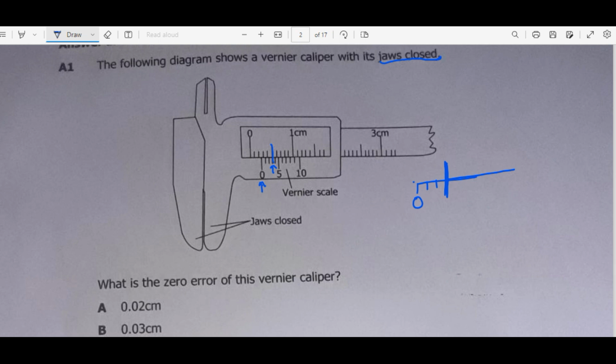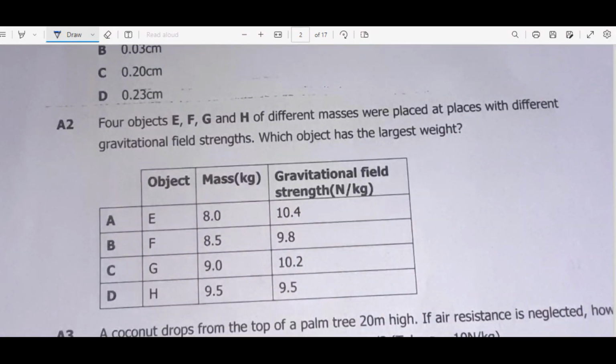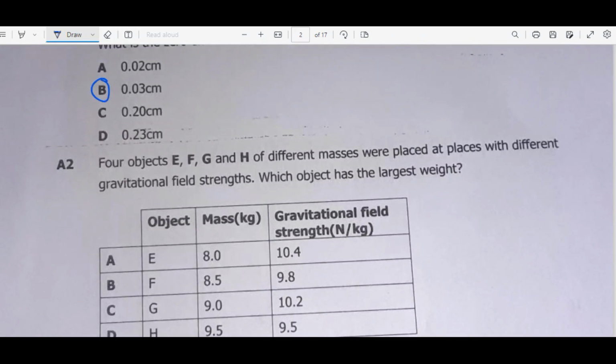So it is on position number 3 because this is 0, 1, 2, 3. Whatever number that line is, you multiply by 0.01 centimeter. This will give us 0.03 centimeter. So this is how we can find the zero error. So we have our answer B.